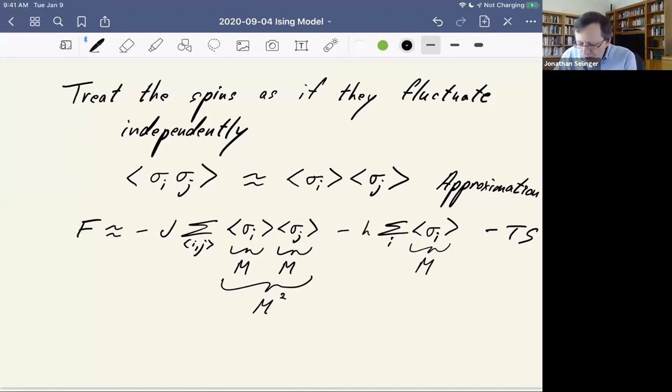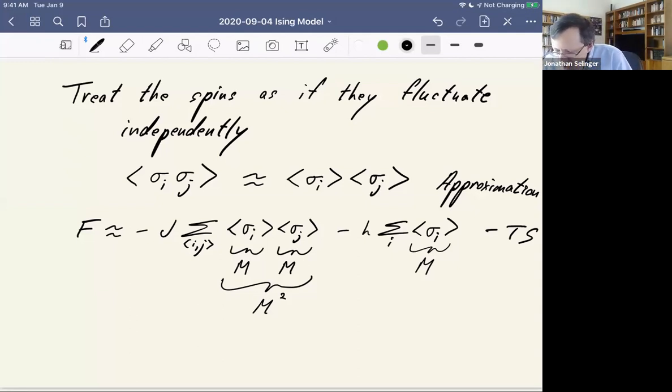Now, here we have a sum of a bunch of terms, and all these terms in the sum are exactly the same. So we just have to multiply by the number of terms in the sum.